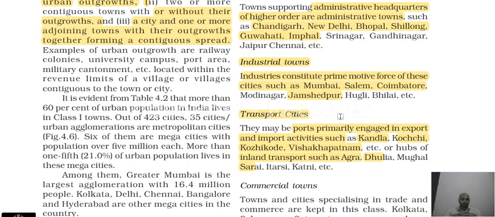So this was about transport cities. You just have to remember transport city and one example, and industrial town with one example, so that you can easily write that in your book.